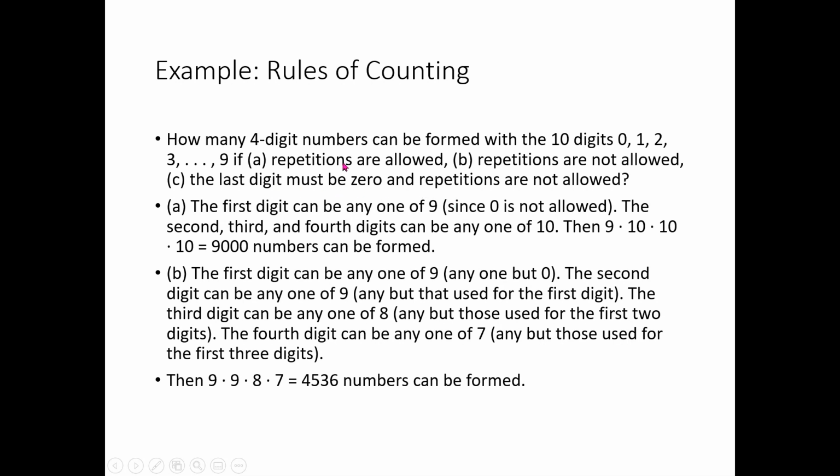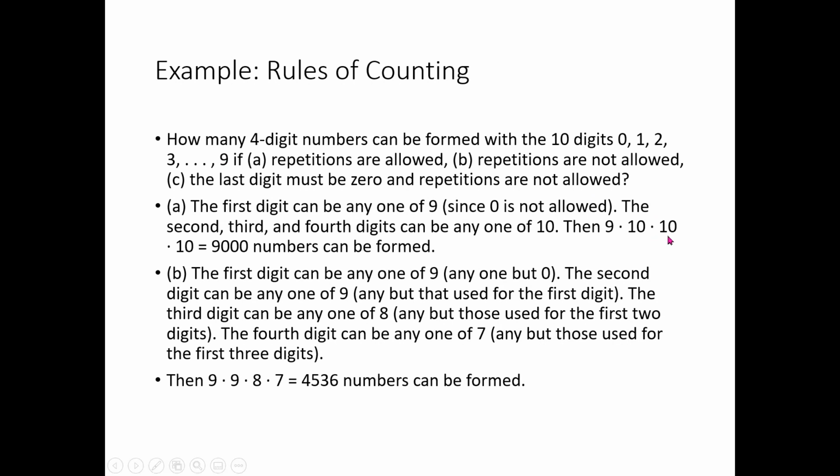If repetitions are allowed and we have to form a 4-digit number, I can't use 0 as the first digit because then it won't remain a 4-digit number. From 0 to 9 there are 10 digits, but the first digit should not be 0. So we have 9 possibilities for the first digit, but for the second digit I have 10 possibilities because 0 to 9 are 10 different digits. So I can use any of these for the second slot.